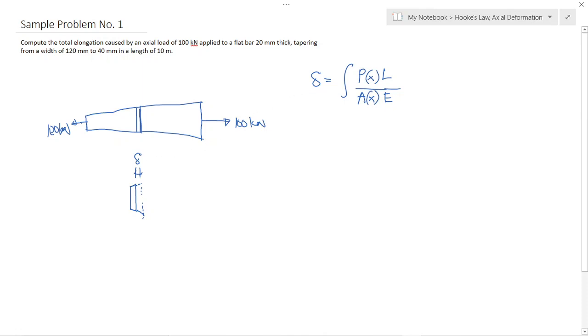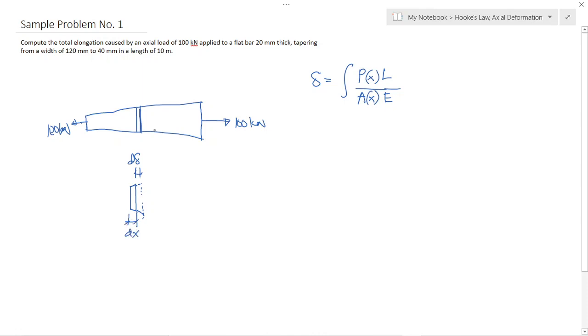Ano? So, this is the delta for the element only. So, let us denote this as d delta. So, this is the d delta. Ito ay yung total length. So, for this element, this is dx.